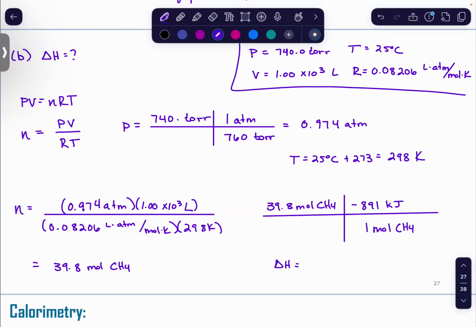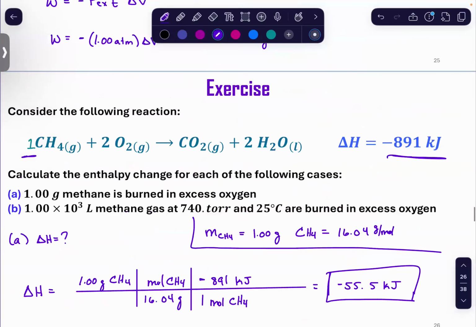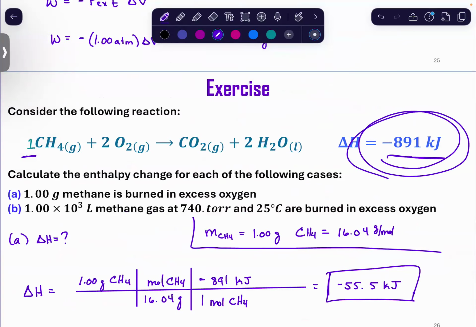That means that my enthalpy for this reaction is a negative 3.55 times 10 to the fourth kilojoules. And I hope you remember that all of these reactions have a negative delta H, which means this is an exothermic reaction. You're always going to want to make sure you can bring stuff like that up quick in your head.